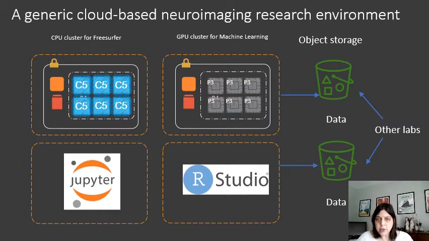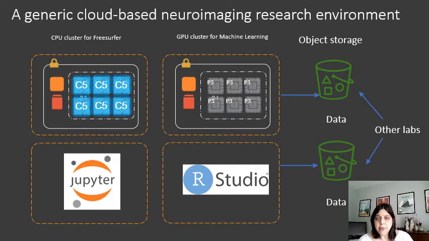GPU cluster to run some machine learning algorithm that you've developed. And that may be something that requires a different cluster, different hardware. So you don't need to try to figure out where to get this from, you just make it. There's a lot of need for specific applications on computers. So maybe you need a Jupyter notebook with a big amount of memory, or an RStudio instance to do some post-analysis.